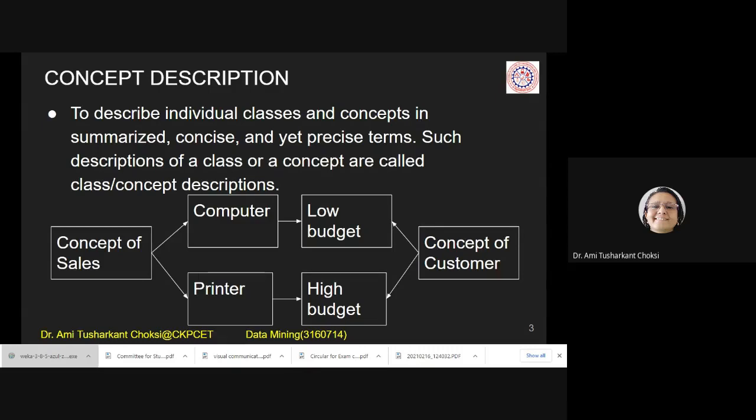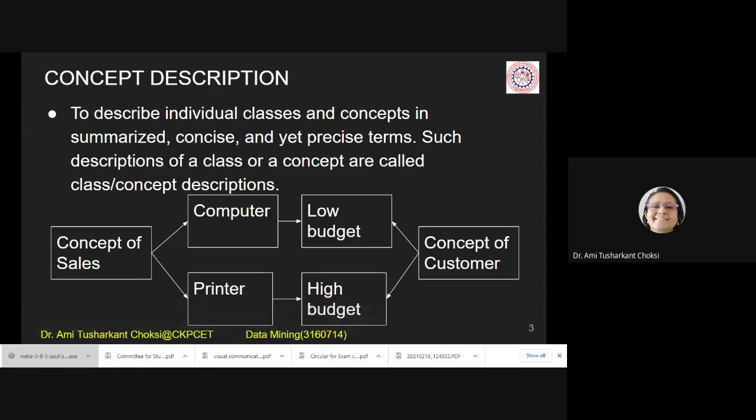Such descriptions of a class or a concept are called class or concept descriptions. For example, if I want to represent the concept of sales, say a hardware vendor is there.